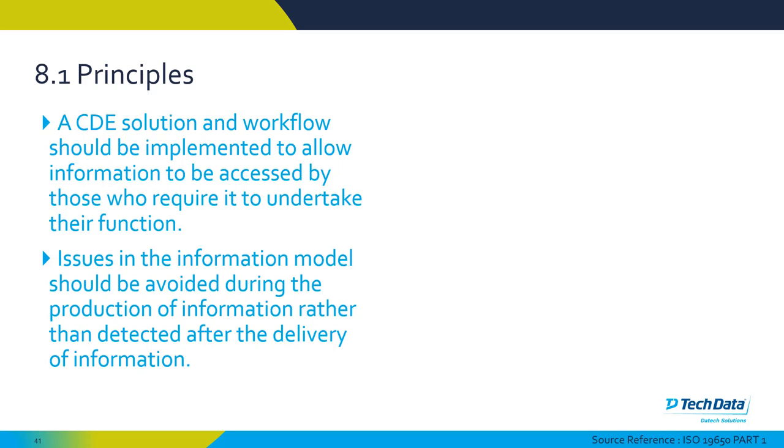And then issues in the information model should be avoided during the production of information. Therefore, if it's avoided in-house internally before it gets into the common data environment, it's not making its way to site. But if you capture it in the common data environment, that's fine, but obviously try to capture it with your own QA and QC internal workflows in the architect's office before a model gets released, by doing certain checks on the model and having a BIM coordinator or a BIM manager to perform those checks, or even if it's just a manual check, or if Revit performs a model checker as well, using different functions within the software.